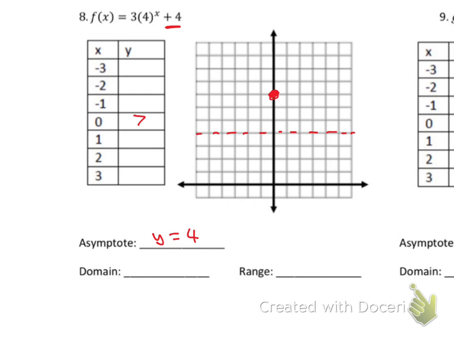If I plugged in 1, 3 times 4 to the first power plus 4, that's 12 plus 4, which would be 16. Right, big stretch there. Also put in -1. Actually, real quick, the domain will be all real numbers.